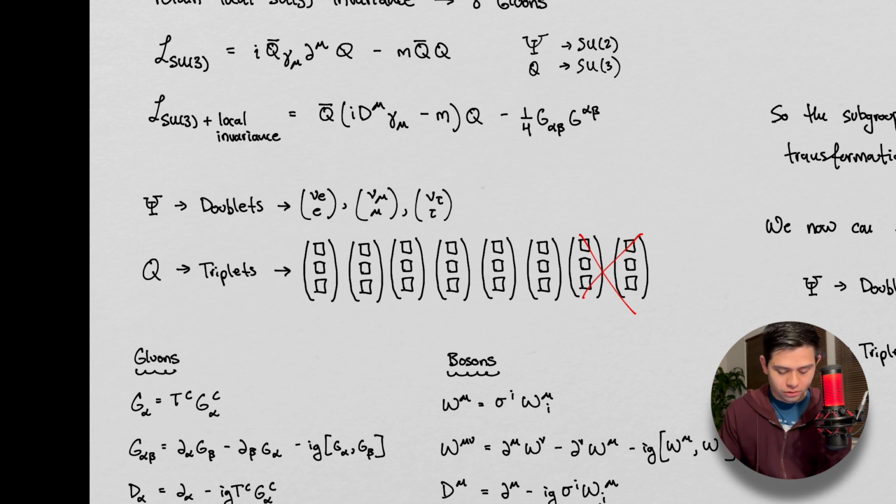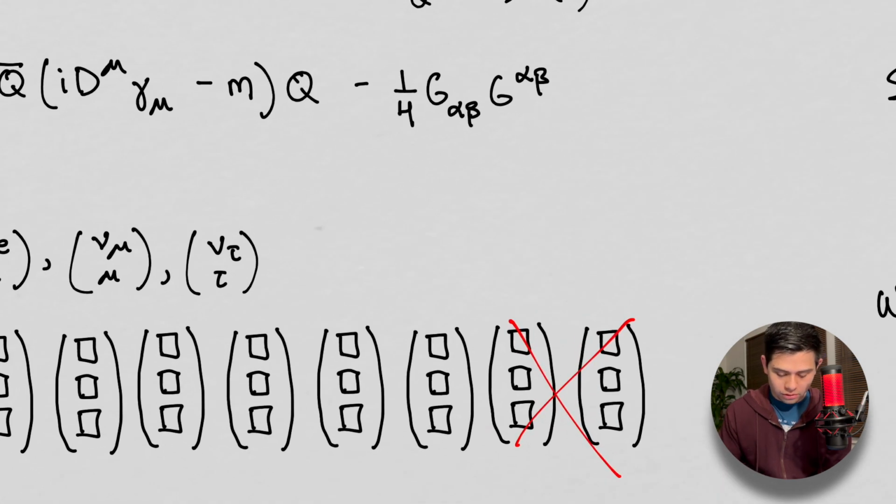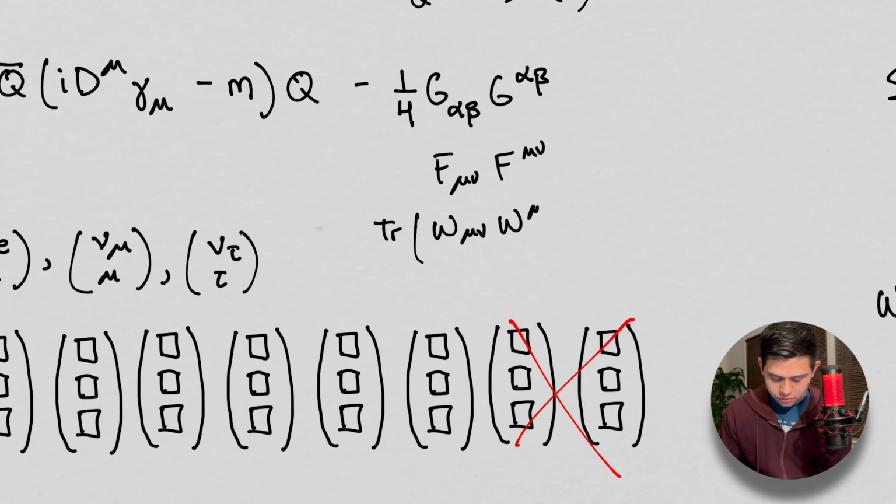In the case for U1, we had this, and in the case for SU2, we had that.